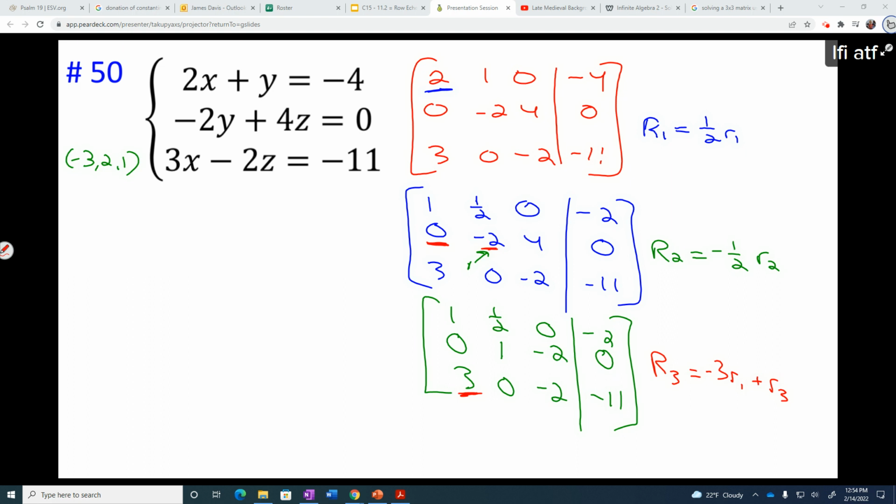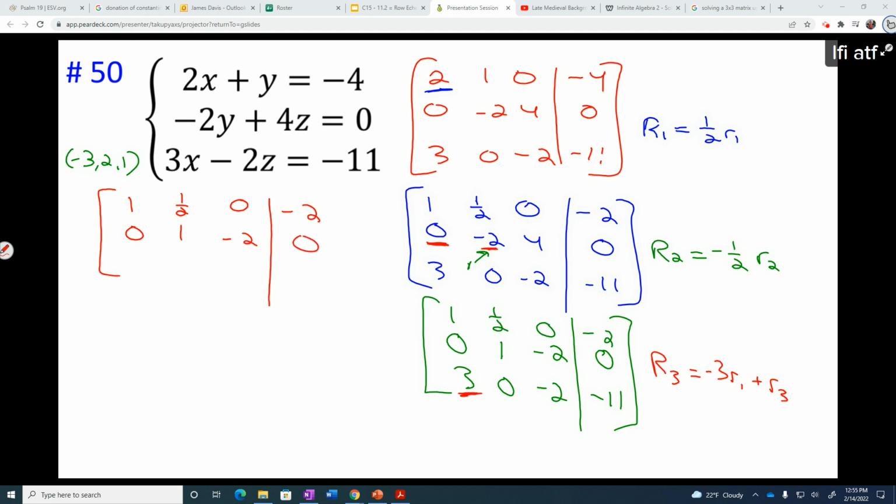What you might want to do, if you can't do these in your head very well, you can just do negative 3 parentheses 1 plus positive 3. And then you can just do negative 3 parentheses 1/2 plus 0. So you're just going to go through down the line. This is what we'll end up with. 1, 1/2, 0, 2, 0, 1.